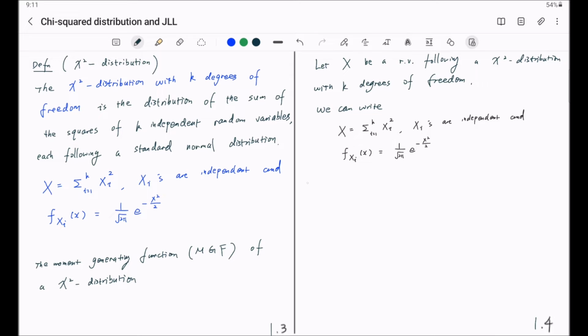And now let's compute its MGF. Recall, the moment generating function is defined as the expectation of e to the t times this random variable X. This t is a real number, but its range is still to be determined, because maybe for some t, this integral doesn't make sense. So we have to determine the range of t.